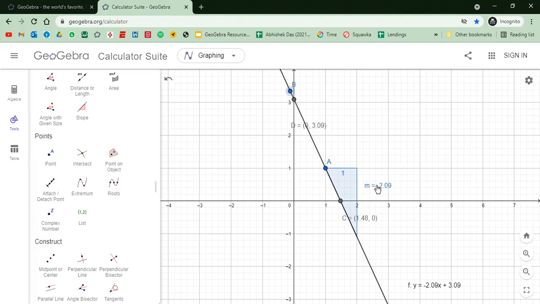Here the slope is -2.09. As x increases by 1 unit, y is getting decreased by 2 units or 2.09 units to be exact. All right. So that is your interpretation of slope, y-intercept and x-intercept in a straight line.